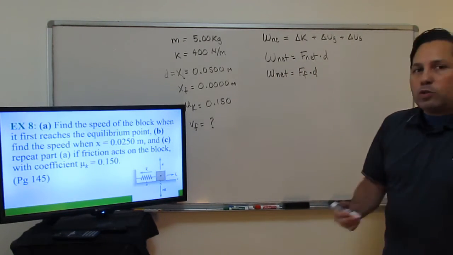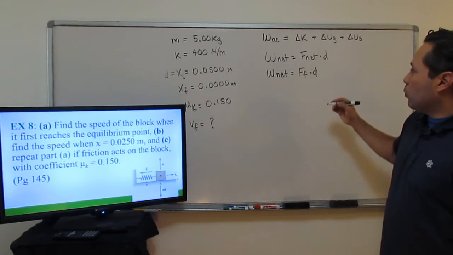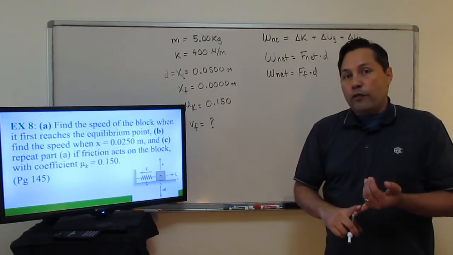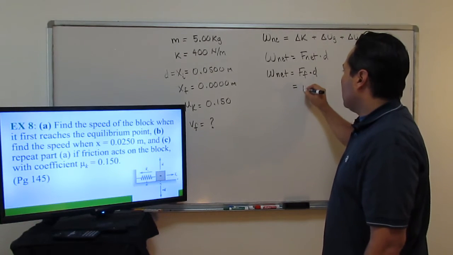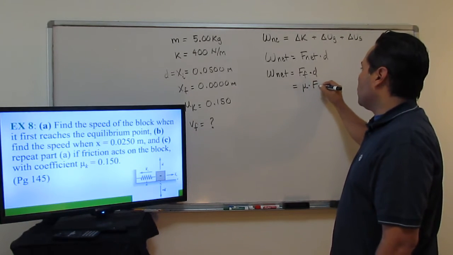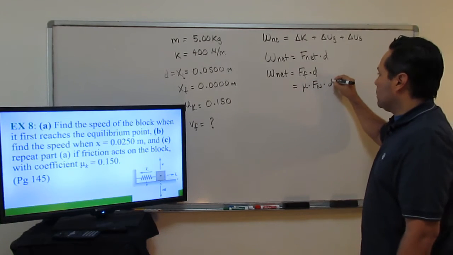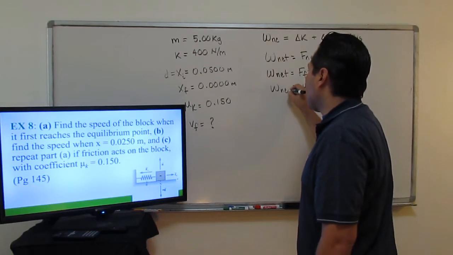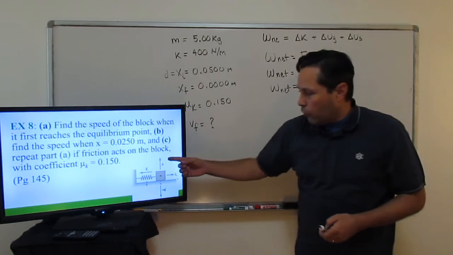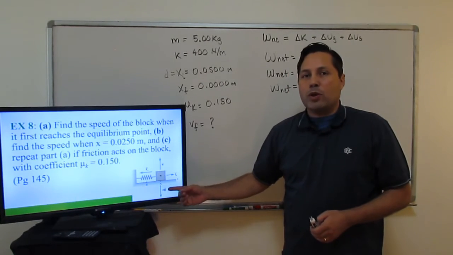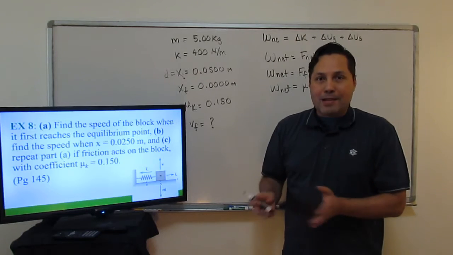Now, what else do we know about force friction? Well, force friction is the coefficient times the normal force. So let's put that there. Coefficient times normal force, that's force friction, times d, that's going to be your work net. Next, what do we know about the normal force? We know that the normal force is the same in magnitude as the gravitational force, which is mass times gravity.